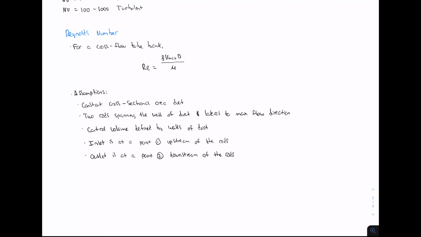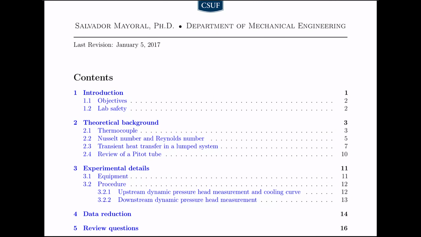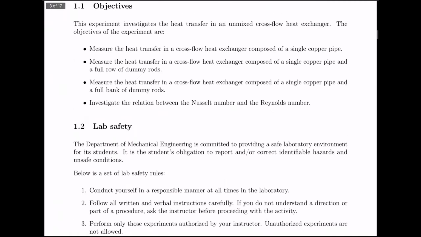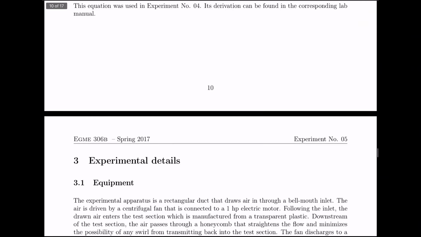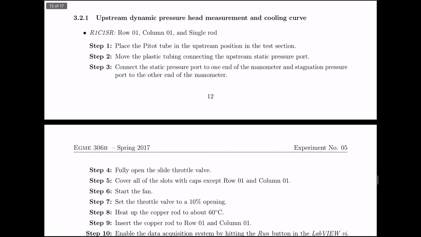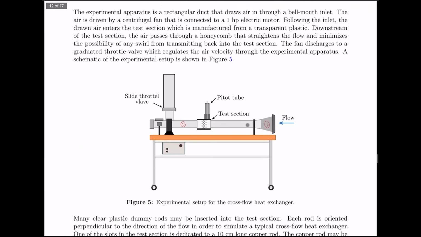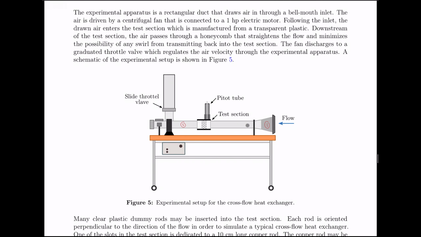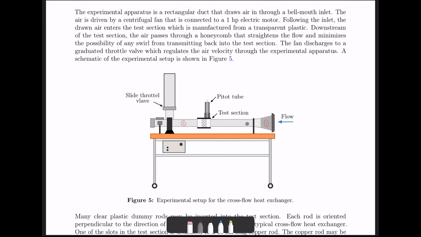Then we're going to have a control volume defined by the walls of the duct. Then we're going to say that our inlet 1 is upstream of the rods and the outlet 2 is downstream of the rods. So if I go over here, here we have our test setup.